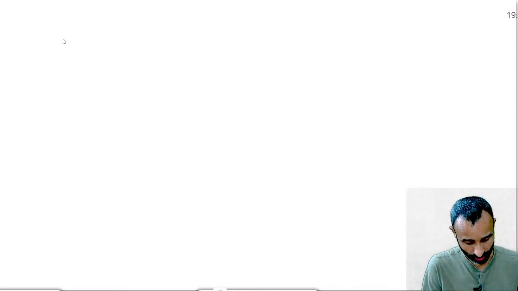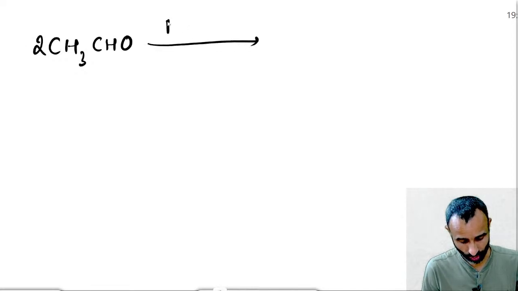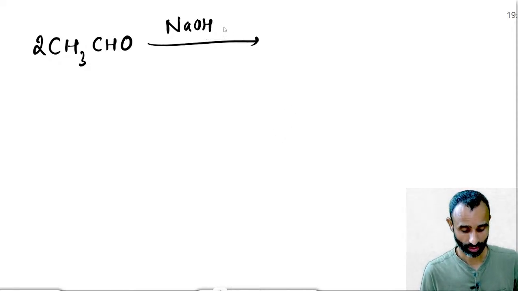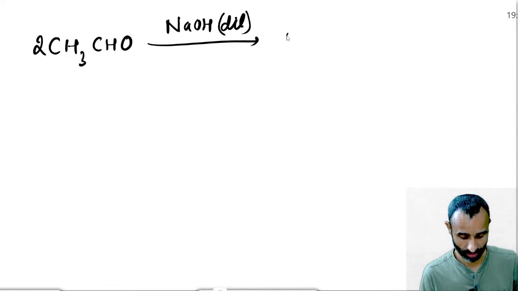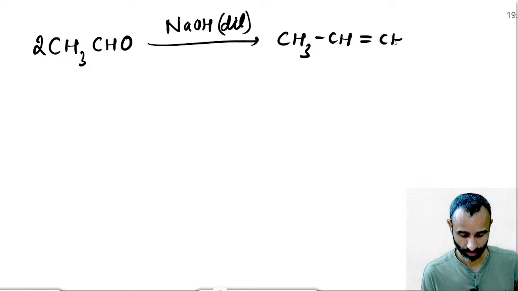reacts with another molecule of aldehyde. So see, if we have CHO, in the presence of dilute sodium hydroxide, this is the end product.